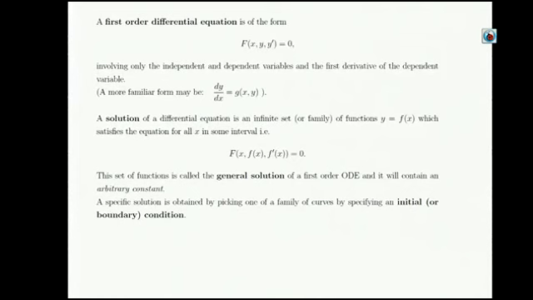When you find a solution, the first thing you do is find the general solution. It's an infinite set or family of functions, and I'll tell you why. You know when you integrate and you get a plus c? Well, that c can take on any value. There's an infinite number of choices for it, so really it's an infinite number of solutions.